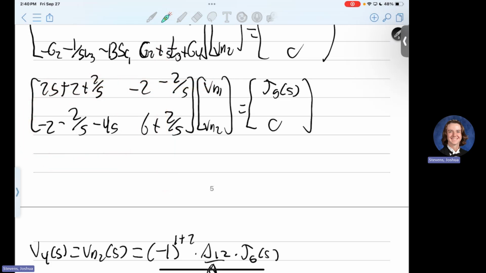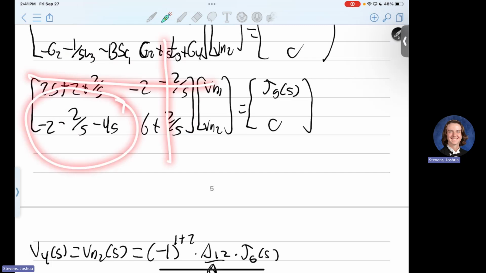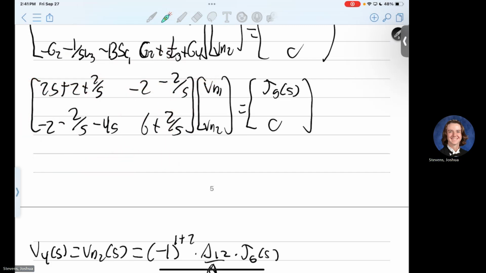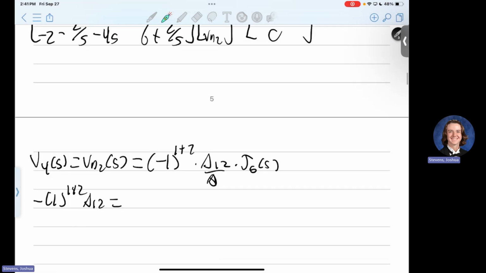If it was delta 1, 1, first row, first column, that is what is left. If it was delta 2, 1, second row, first column. If it was delta 2, 2, second row, second column. So what we are doing is delta 1, 2, that is what's left. That makes sense. Cool. All right.